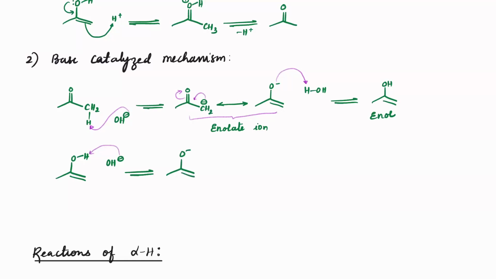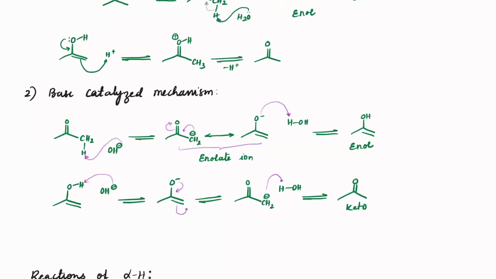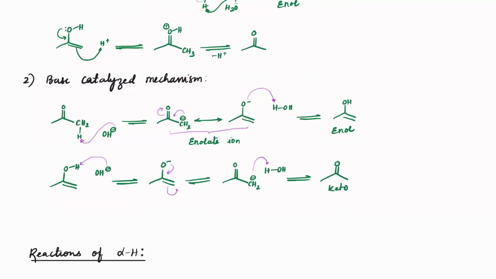That will push the electron here, pi will come on this side, and that's how you get double bond O and CH2 minus. This CH2 minus will take H plus from the water, and that will convert into keto form. So this is again enol to keto. You start with ketone, end up at enol, or start with enol, end up at ketone.